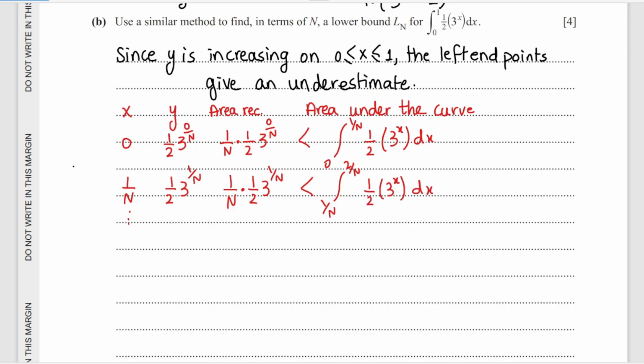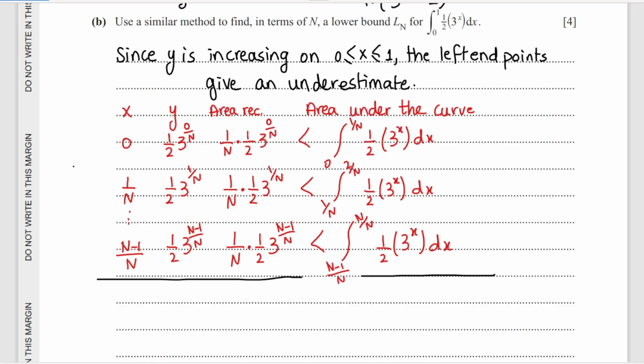Continue the process until you reach the last rectangle, and the last left end point touching the curve is n minus 1. So x is (n minus 1) over n. Y is equal to half 3 to the power (n minus 1) over n, and the area is width times length, which is less than the area under the curve from (n minus 1) over n to n over n.